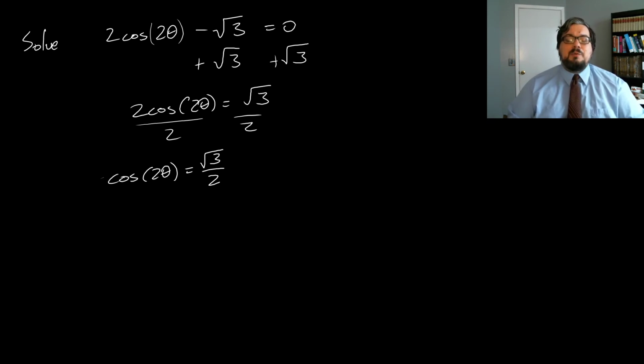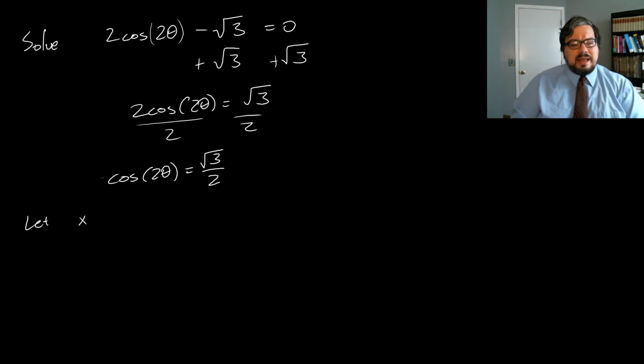Because we would know how to solve this equation if it were cosine x equals square root of 3 over 2. So let's go ahead and do that, and then later on we'll come back and work out, well, okay, what do we actually do to handle the theta?